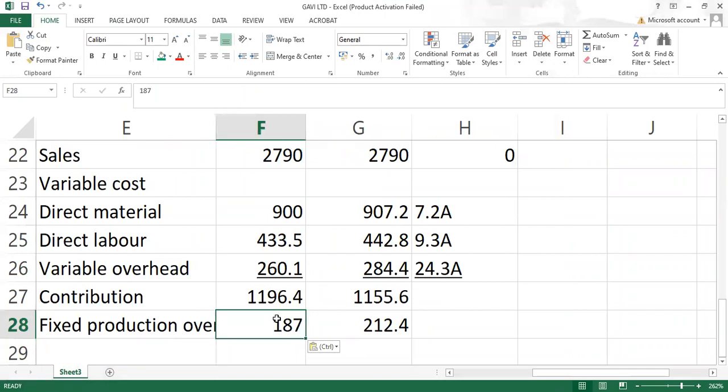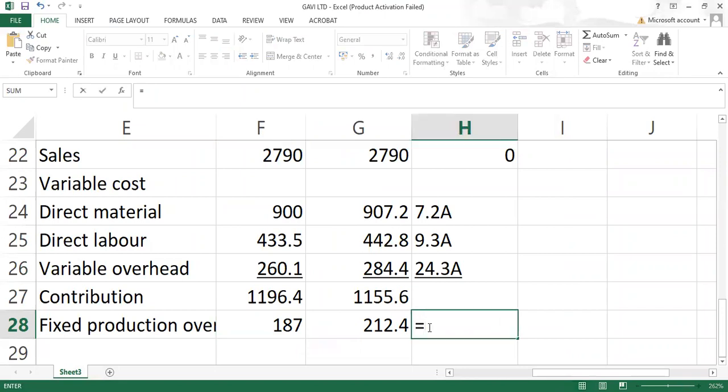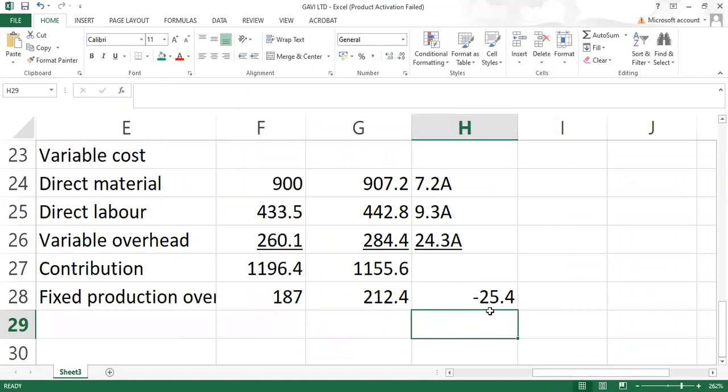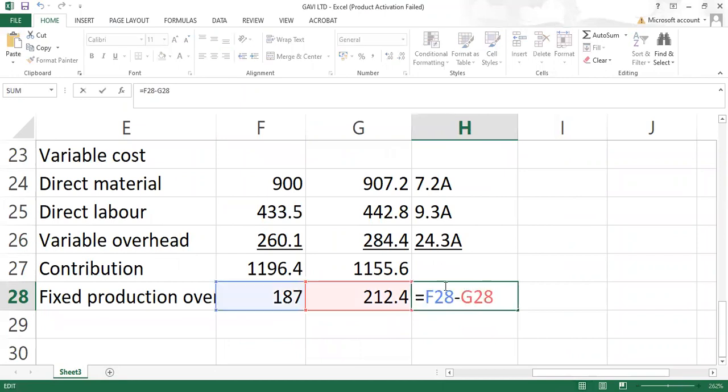We should have spent 187, but we end up spending 212. Is that against us? Yes, it's adverse. And that would be 25.4 adverse. Can we move on?